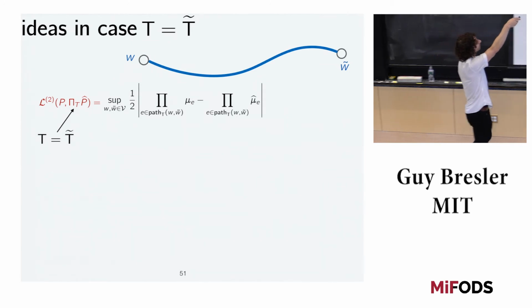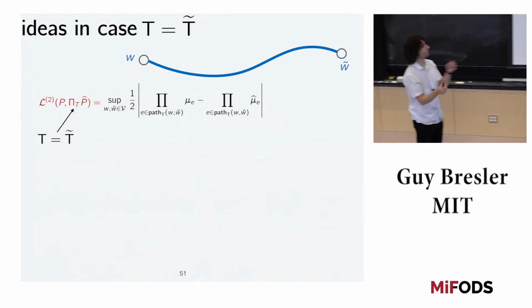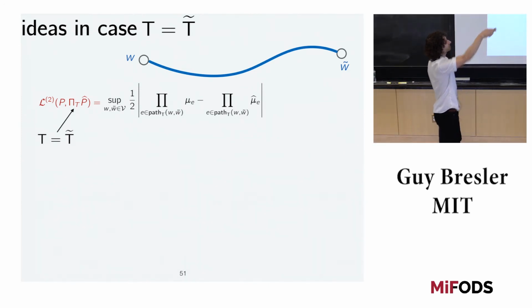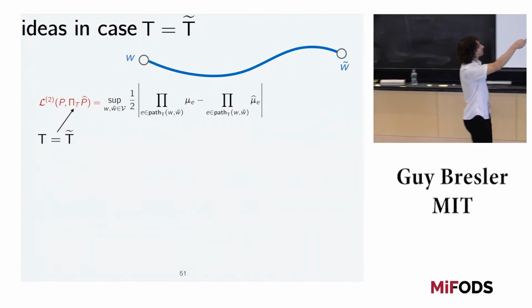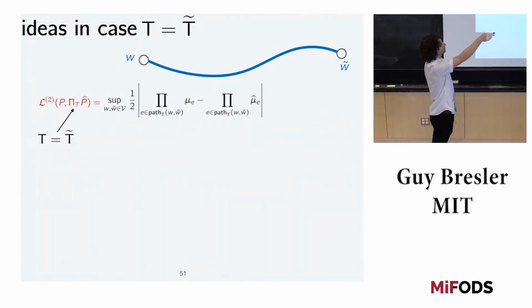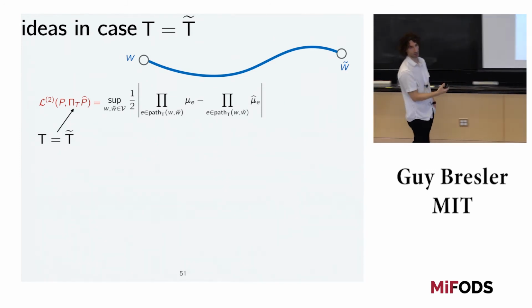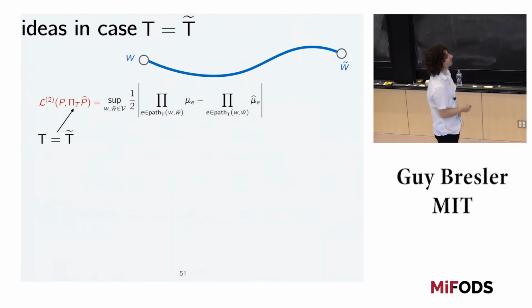So the error in correlation between nodes W and W tilde is, here's the true correlation. We know that it's the product along the path in the tree. And we're in the situation where we have the correct tree, and so the estimated correlation is the product of the estimated correlations, the product of the empirical correlations. So we have these two quantities.